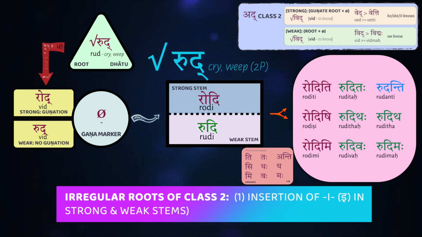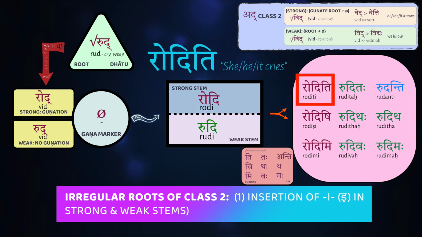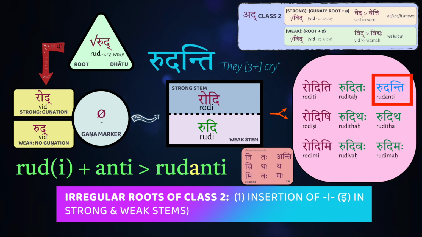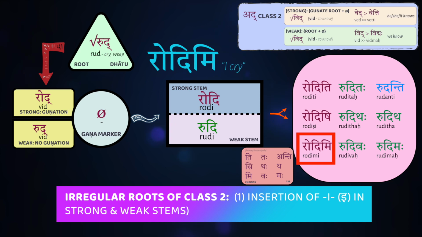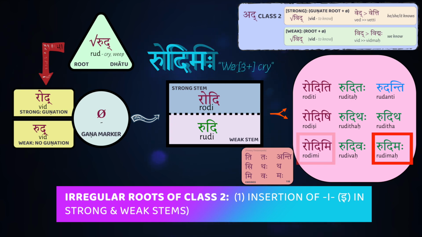Similarly, the weak stem is the root rud plus the i, so it becomes rudi. So you can say sa roditi, he is crying. The i is going to be there in all the other forms, except for the third person plural where it gets dropped, and you get te rudanti, they are crying. But you will have aham rodimi, I am crying. Vayam rudimaha, we three or more are crying.